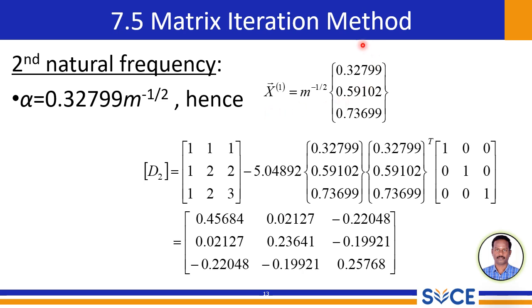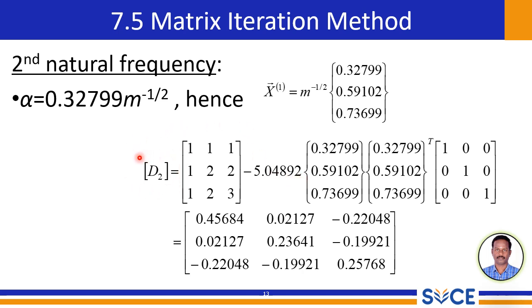It is approximately 0.327, 0.59, 0.736. With this normalized first mode shape and the first eigenvalue, 5.04892, from our earlier iteration that we concluded in table 1, we now construct the deflated matrix D2.